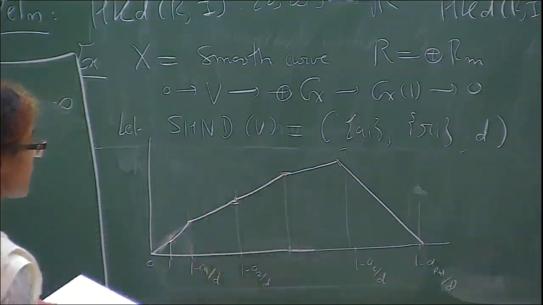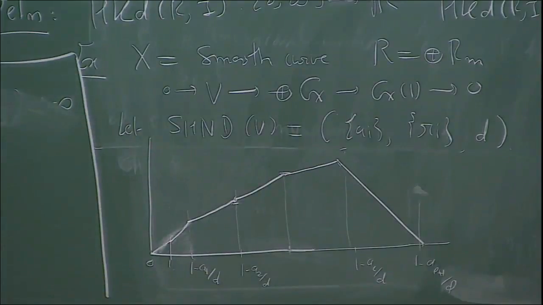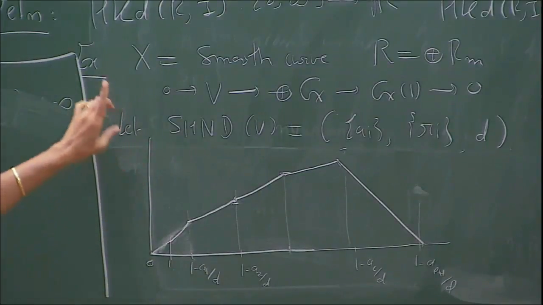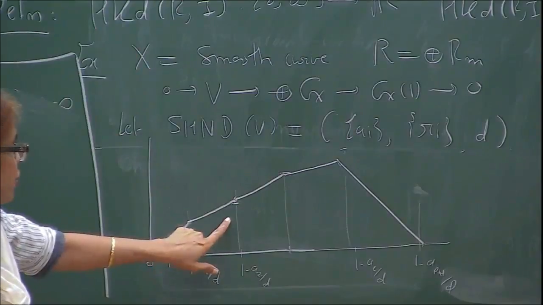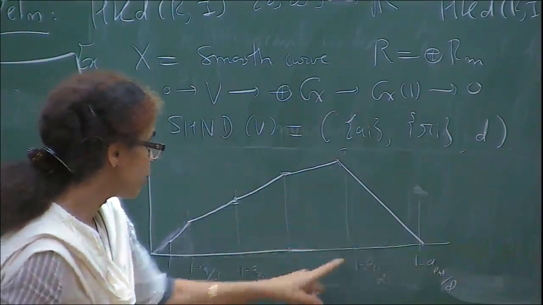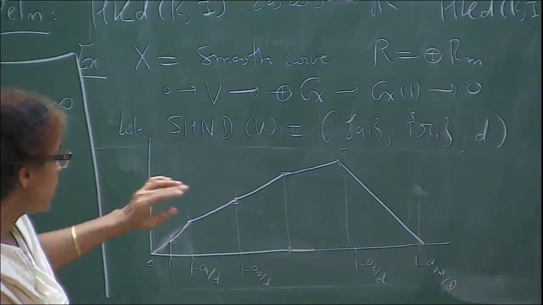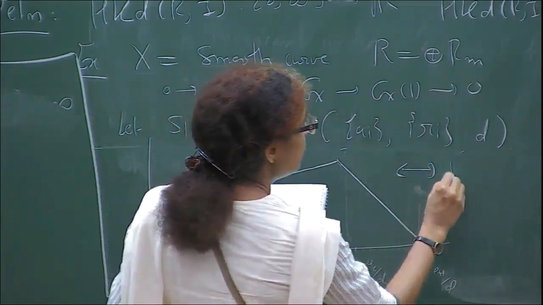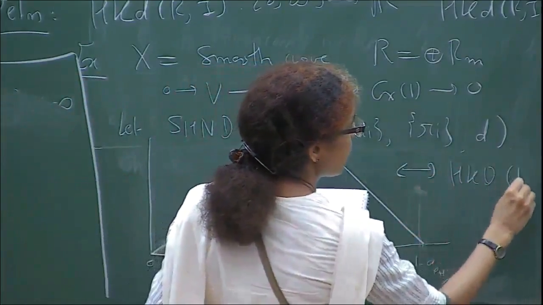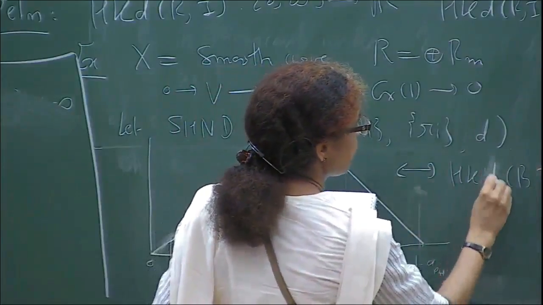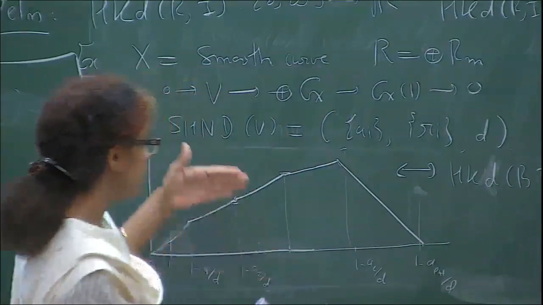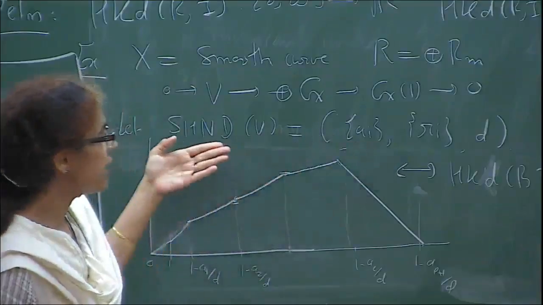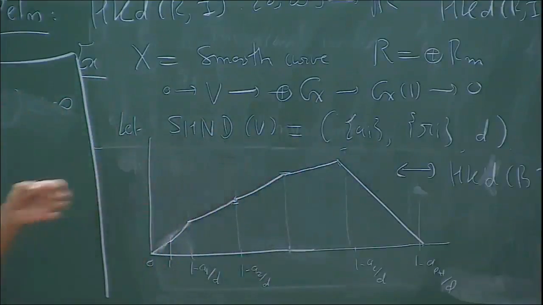There is no smoothness. So if you look at this diagram, it suggests that your HK density function has singularities exactly at those slopes. So there is a one-to-one correspondence between this data and the HK density function of R. So this function completely recovers the strong HN data for the Syzygy bundle.